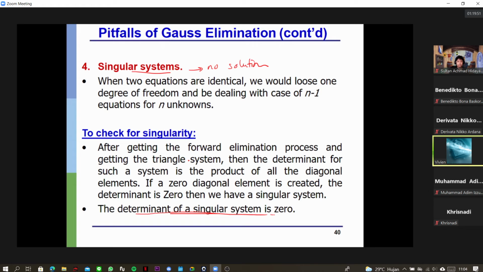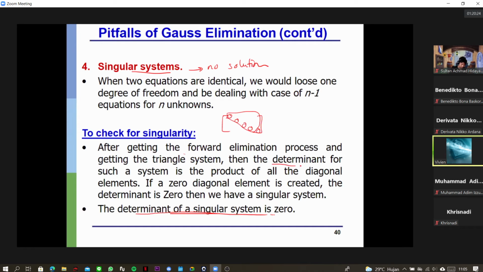So when we are doing Gaussian elimination, after the forward elimination process and getting the upper triangular system, the determinant for such a system is the product of all the diagonal elements. If we multiply the diagonal elements of the upper triangular matrix, that will be the determinant.